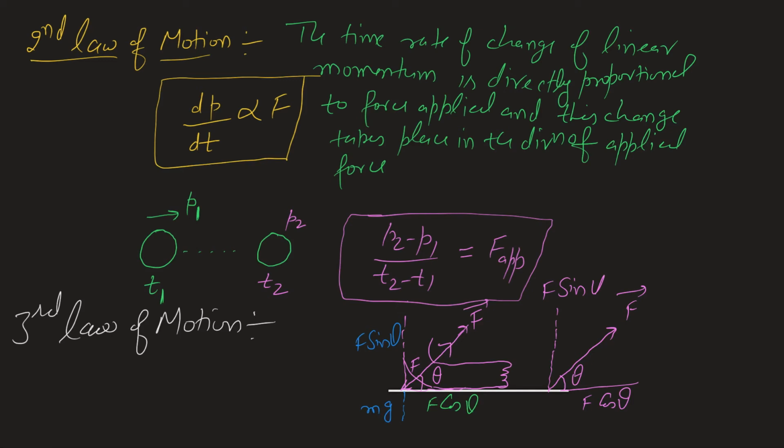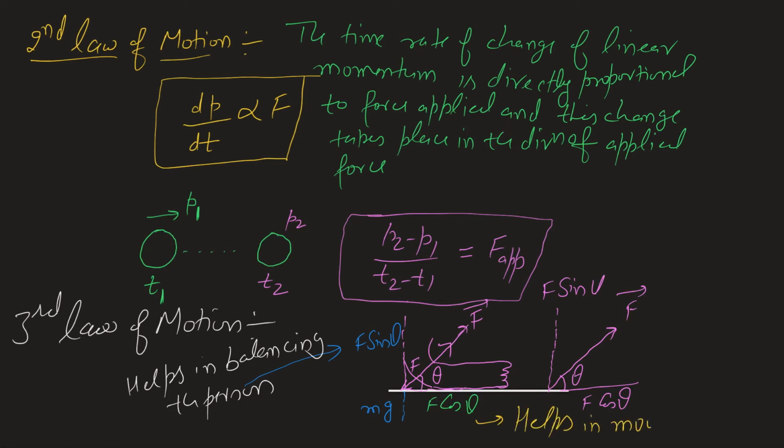So this vertical component helps in balancing the person, and this component F cos theta helps in moving forward.